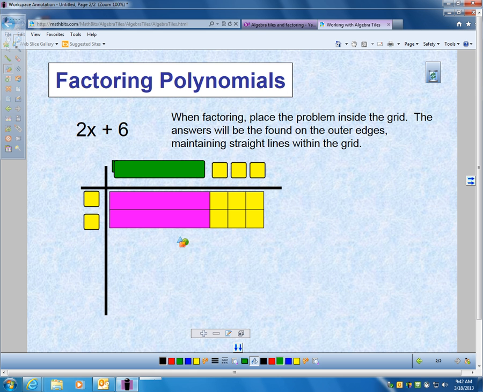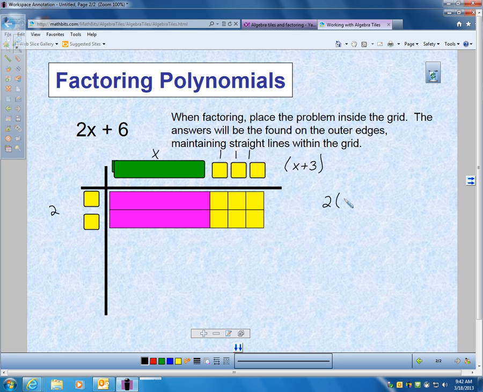And what I'm finding out is that if I took x plus 3, here's x plus 3 on top, times 2, I would get 2x plus 6.